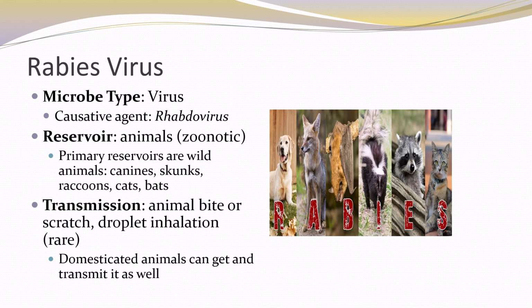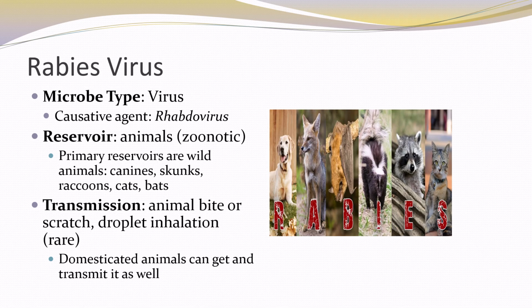The transmission is typically an animal bite. However, it could be a scratch or possibly droplet inhalation. Now, for a scratch to transfer that virus, that animal who is infected likely just licked their claws or paws and then scratches, and that is what causes the virus to move from the infected animal to another animal or to a human.